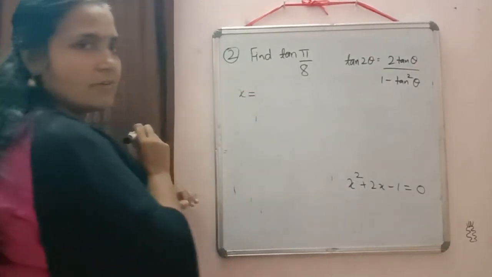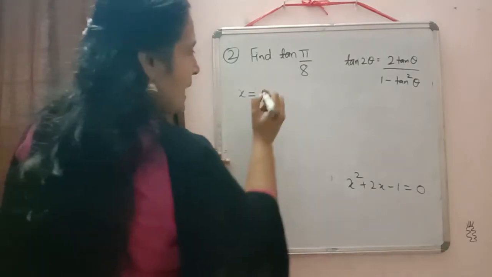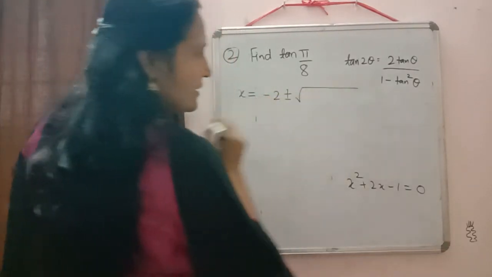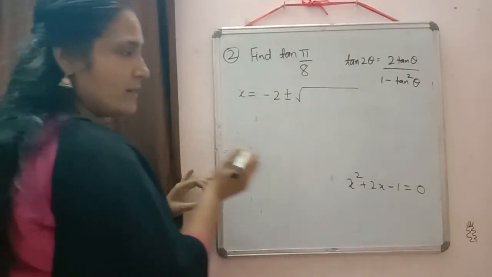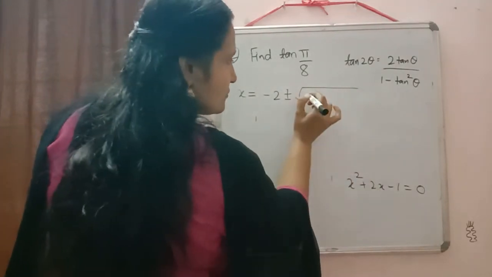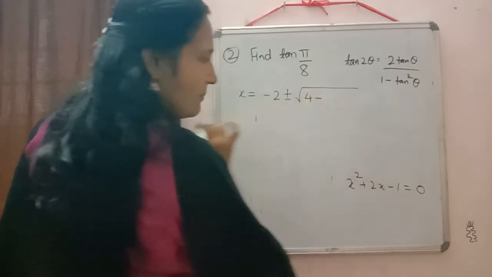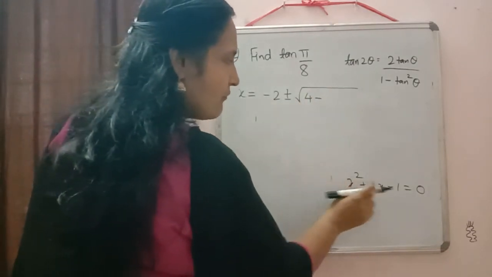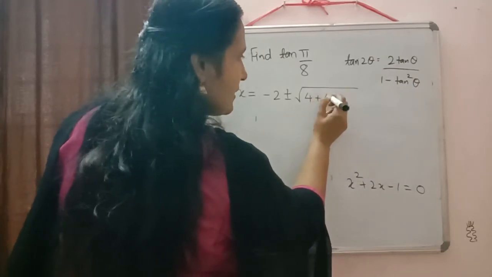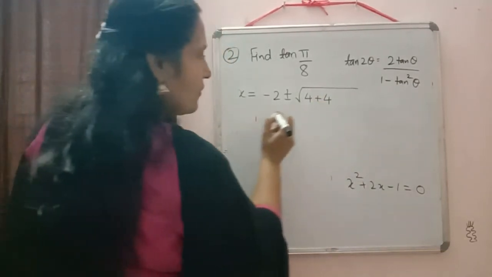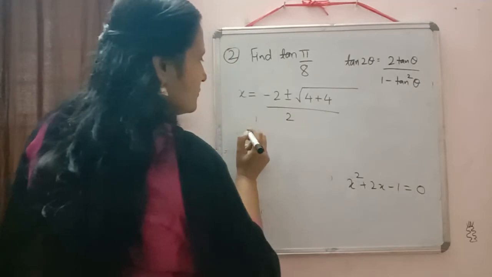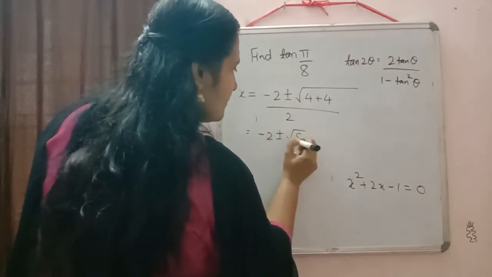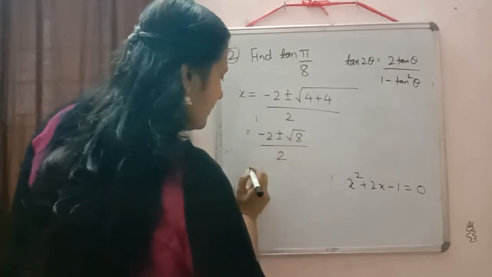From that we will get x is equal to minus b, so minus 2 plus or minus square root of b square minus 4ac. So 2 square is 4, minus 4ac, so 4 into 1 into minus 1, that will come plus 4, by 2. So it will be minus 2 plus or minus square root of 8 by 2.